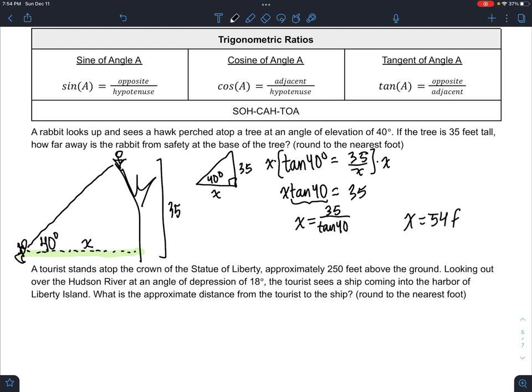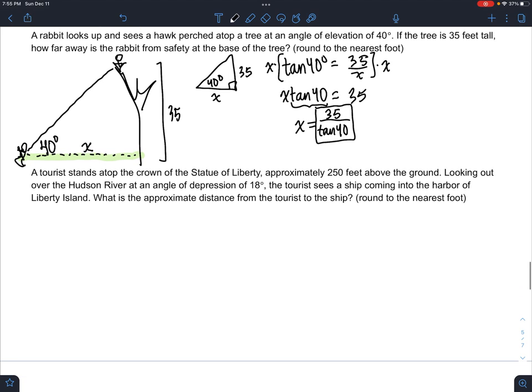And if you type that in, you'll get 54 feet, I think. Actually, no, that's not right. We'll just let you figure out what that decimal is. Sorry, I changed the question a little bit from last time. You would type this into your calculator. For the sake of the video, I want to keep going.